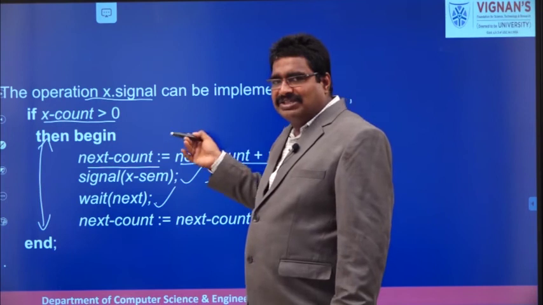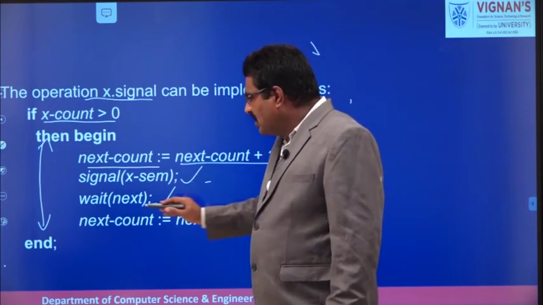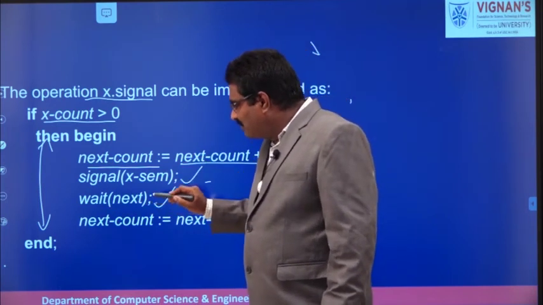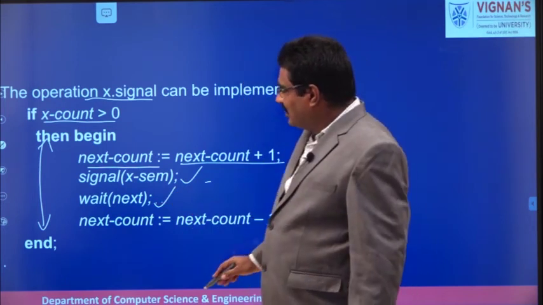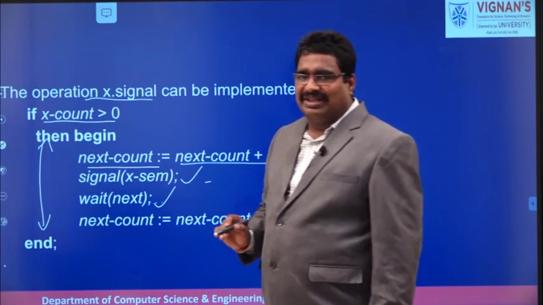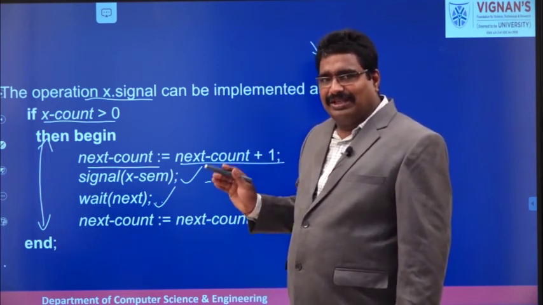Only then is P1 allowed to continue its operation. To achieve that, we implement wait next, and next-count is decreased by 1. This is the code given in the x.signal implementation.